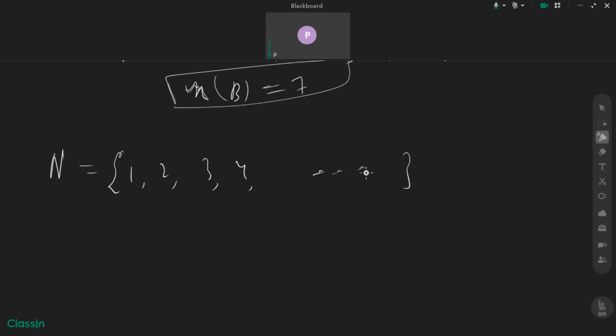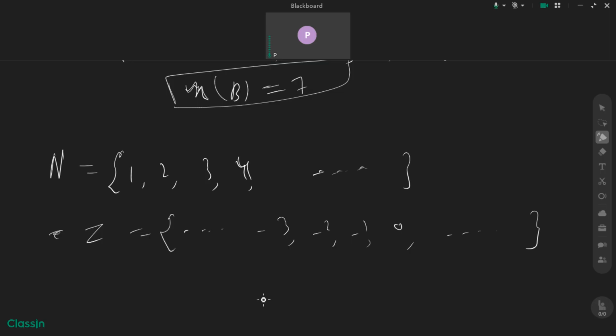These dots tell us that it goes up to infinity. If I represent the set of all integers, I can also easily represent it. Z is equal to {..., -3, -2, -1, 0, 1, 2, 3, ... and so on}. In this way we can represent the set of all integers using roster form.